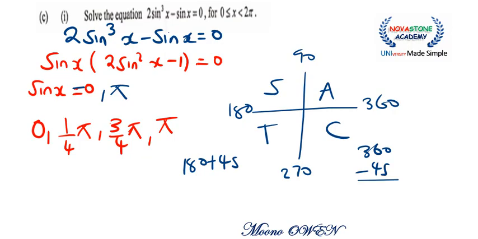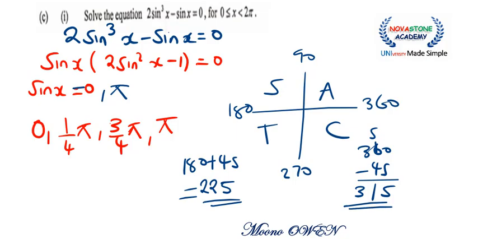Now if I add 180 plus 45, that is 225. Then when I subtract on this side, 360 minus 45, that is 315.